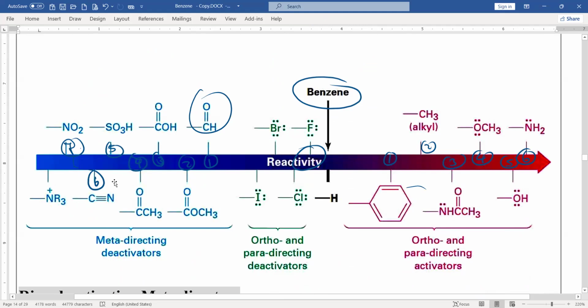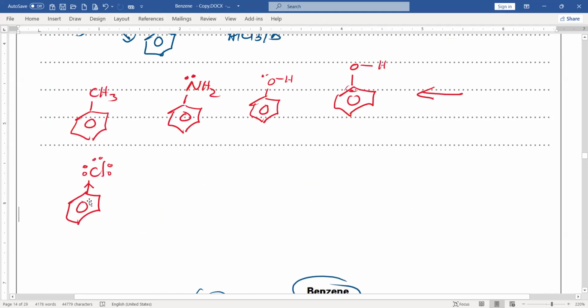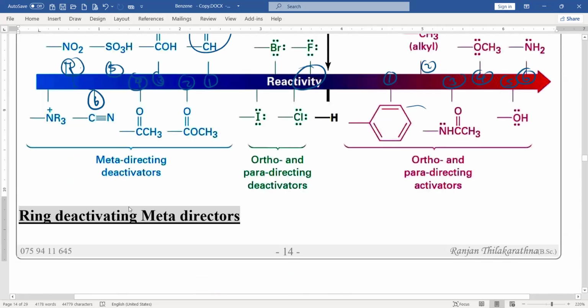But all the ring deactivating groups are not meta directors. There may be some exceptions to that because of the halogen. And all the ortho para directors are not ring deactivators, but all the ring deactivators are not meta directors. There may be some ortho para directors. The only exception is this halide. Right? Okay.